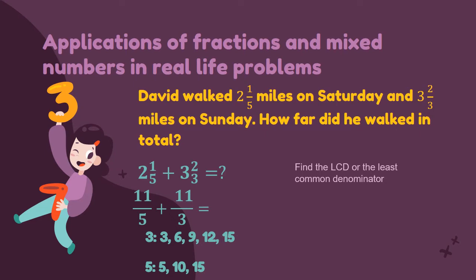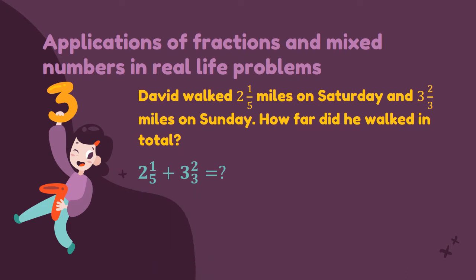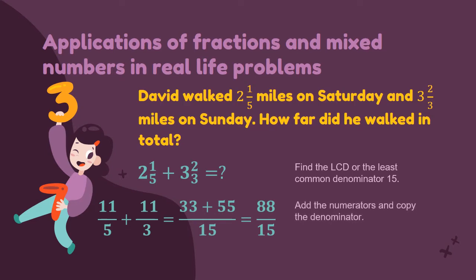So let's have 3 plus 3, which is 6, plus 3 again, we have 9, plus 3 again, we have 12, plus 3, we have 15. So for 5, we have 5 plus 5, that's 10, plus 5, that's 15. So see, 5 and 3 will meet at the number 15. So now, our denominator is 15, or our LCD is 15.